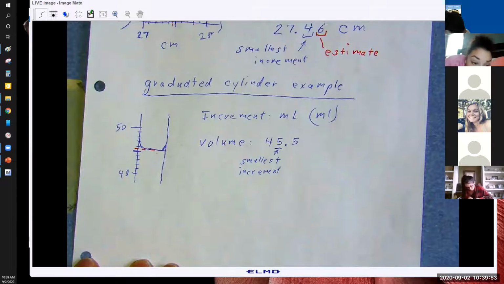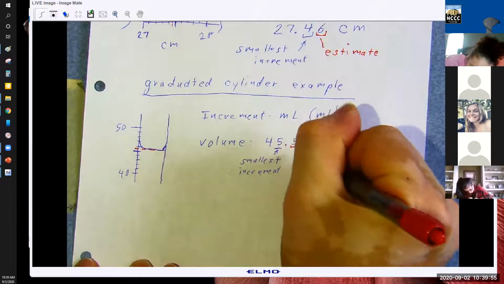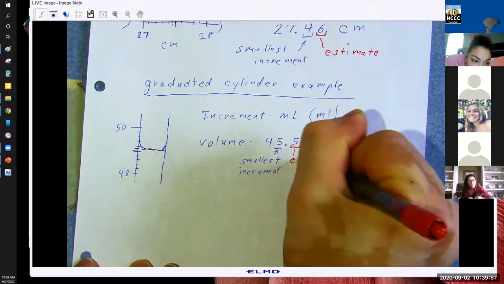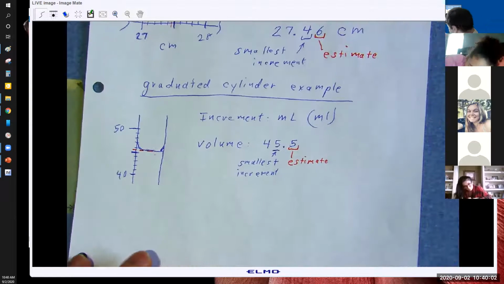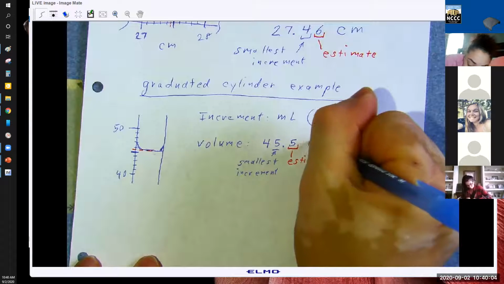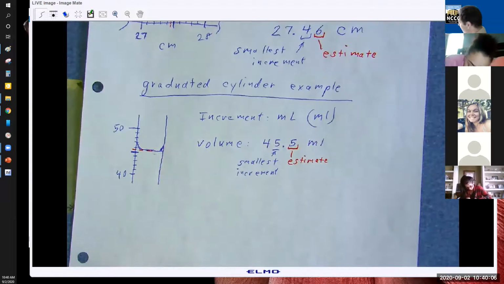And this number, or 0.5 here, is the estimate. So yeah, that is correct, 45.5. And we can't forget our units, milliliters.